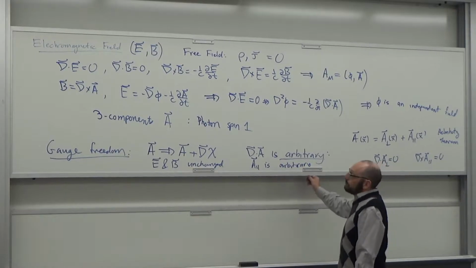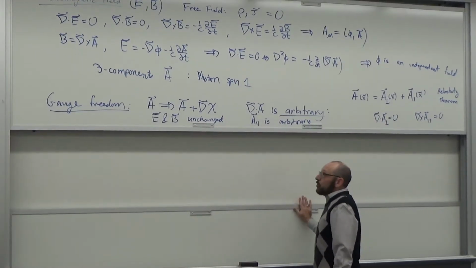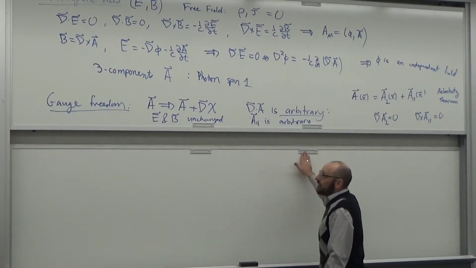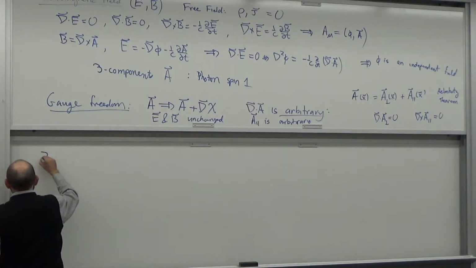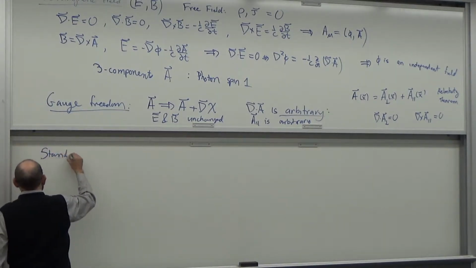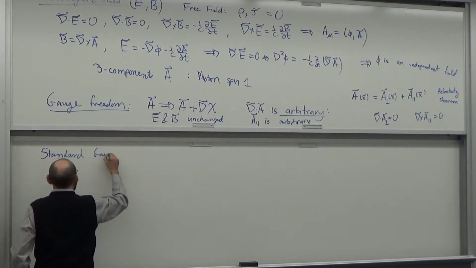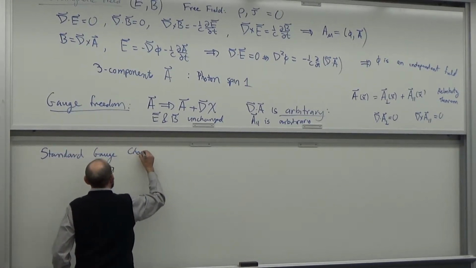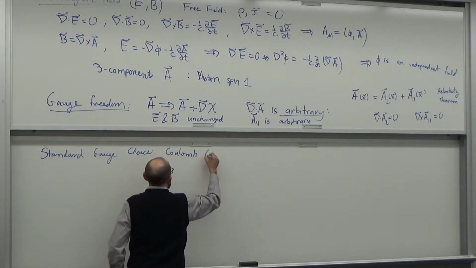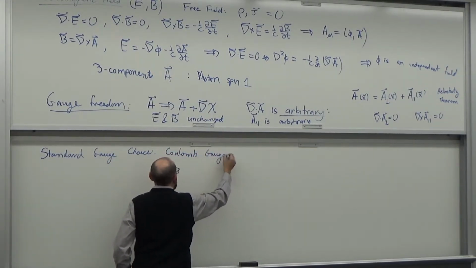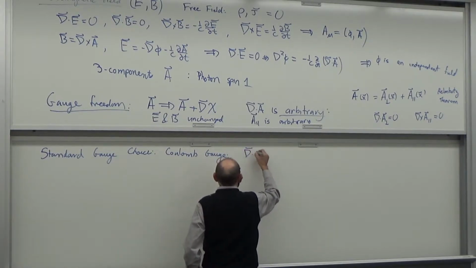So there are lots of choices, but the standard choice in quantum optics is known as the Coulomb gauge. We just set the divergence of A to be 0.